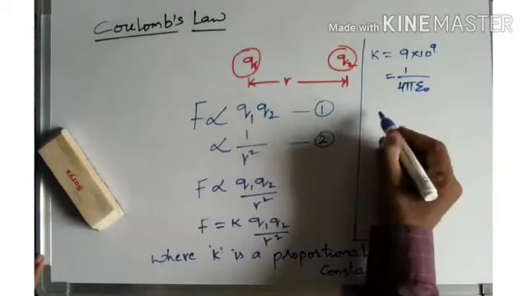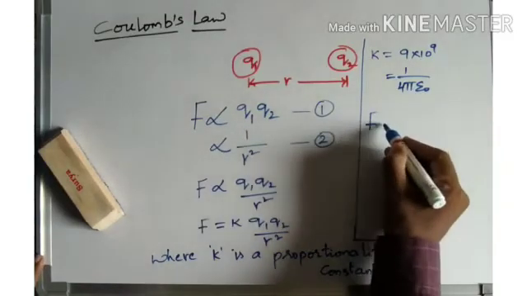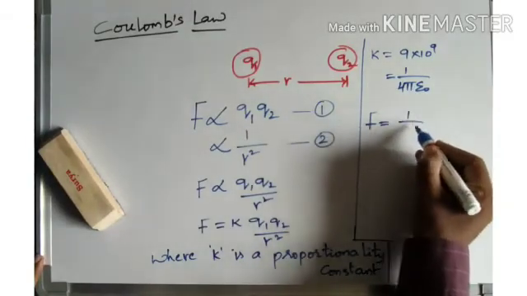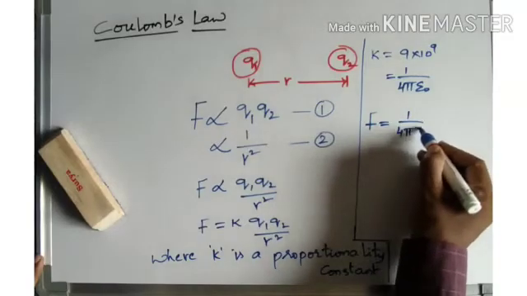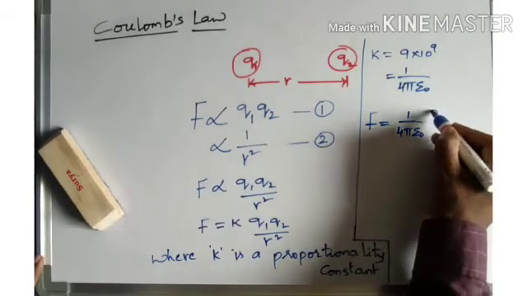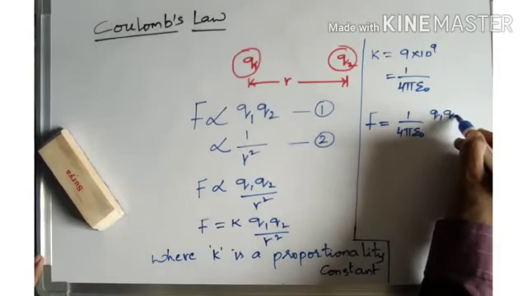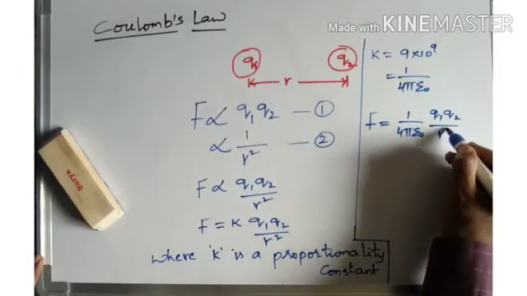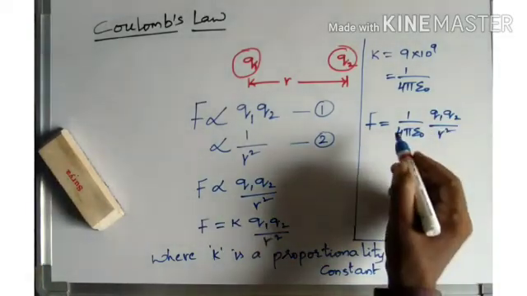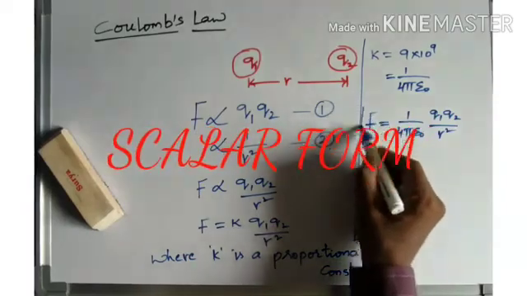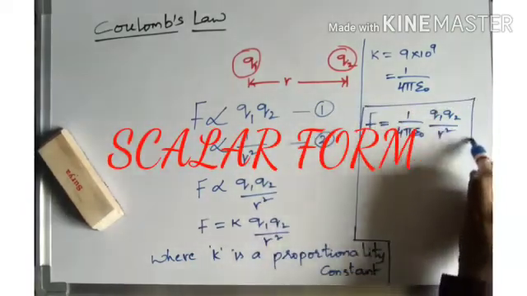If I rewrite once again, F is equal to 1 by 4 pi epsilon naught into Q1 Q2 by R square. This is the formula for Coulomb's law.